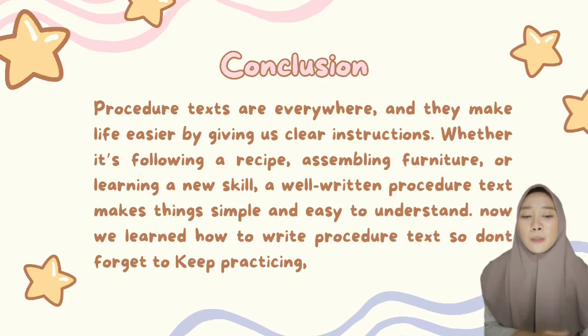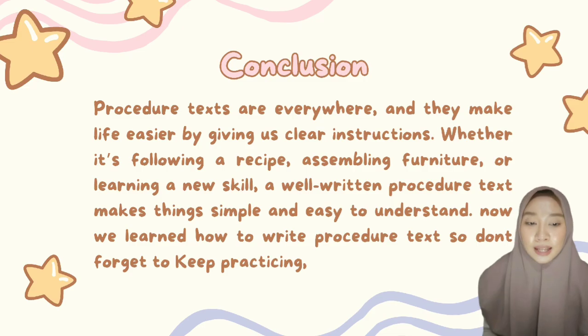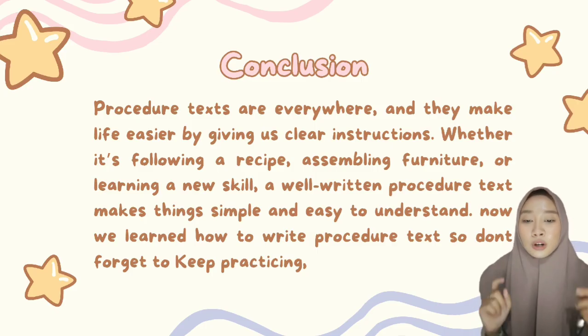Even though a procedure text seems easy to write, people often make mistakes. Let's talk about some common ones and how to avoid them. The first is missing important steps or making unclear instructions. If even one important step is missing, the reader might not be able to complete the task, of course.